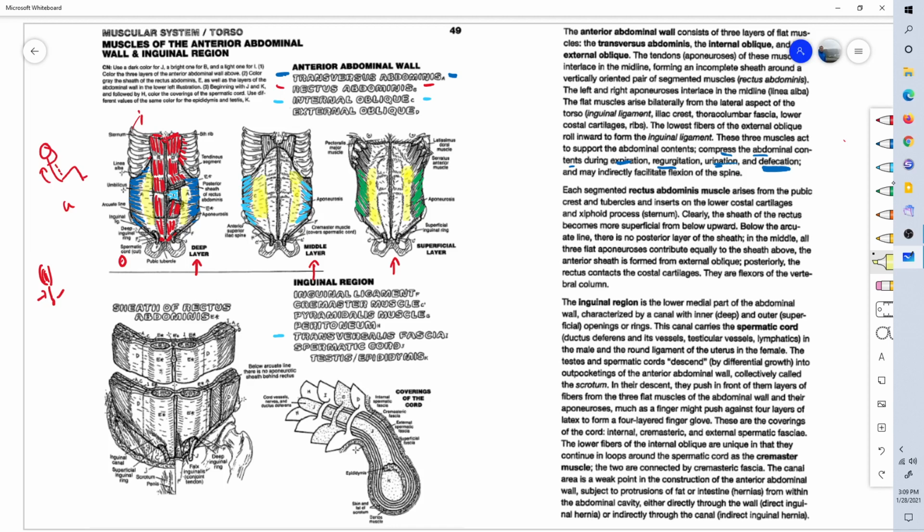Another word for that is aponeurosis. The three of them form a tendinous sheath called an aponeurosis that surrounds and envelops the rectus abdominis muscle. So you can see how the three would work in tandem together.